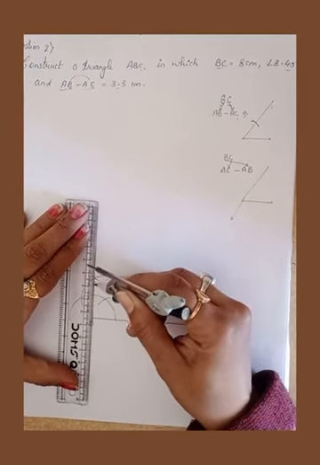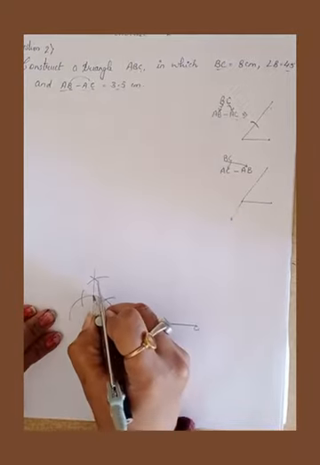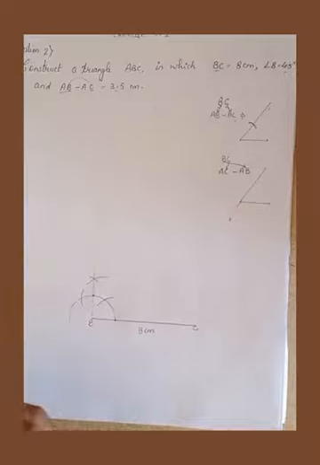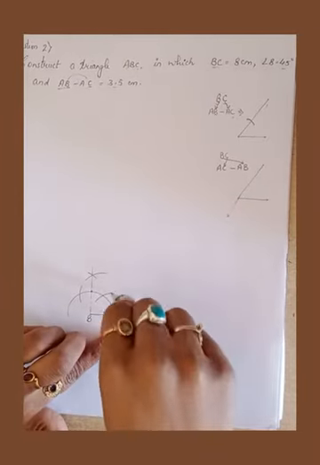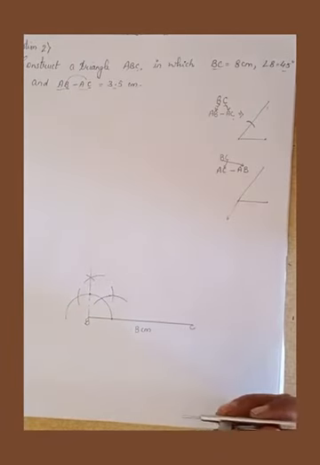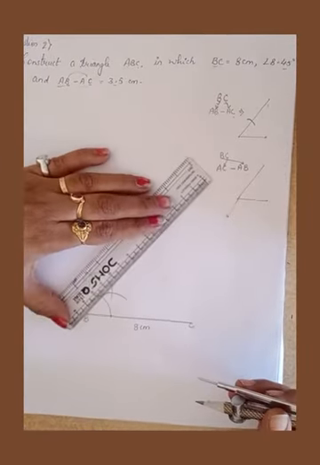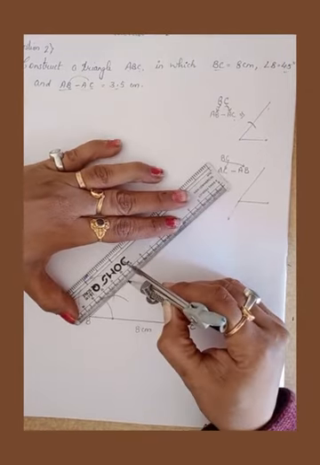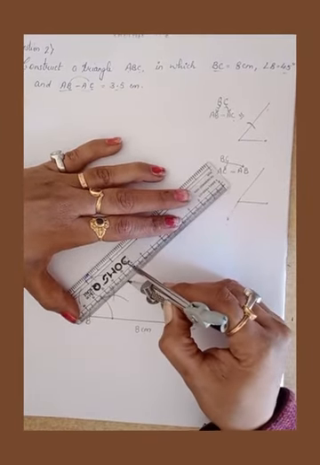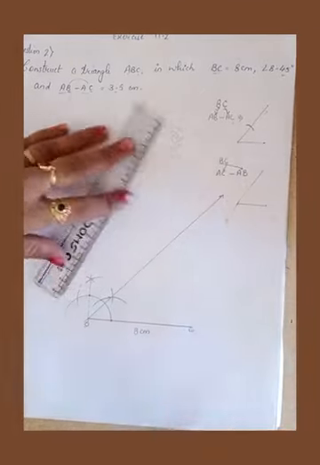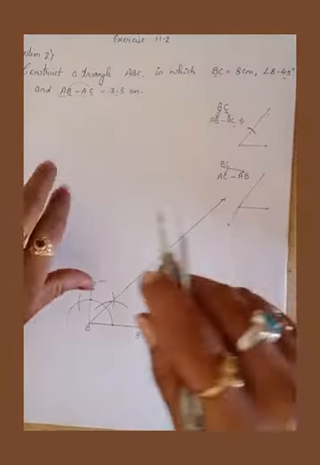So 45 is the bisector of 90 degree. We have to make the bisector of these two points. Here we will get the angle of 45 degree.